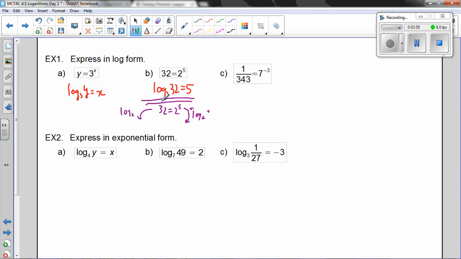Log base 2 of this is going to be just what we wrote on the left side here. But on the right side, I get log base 2 of 2 to the exponent 5. So we know that the answer is just 5.